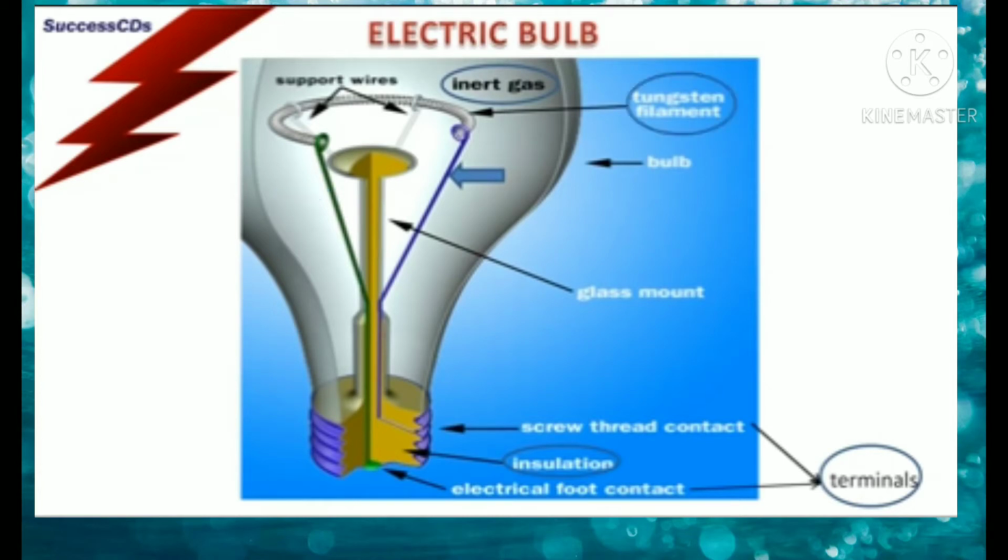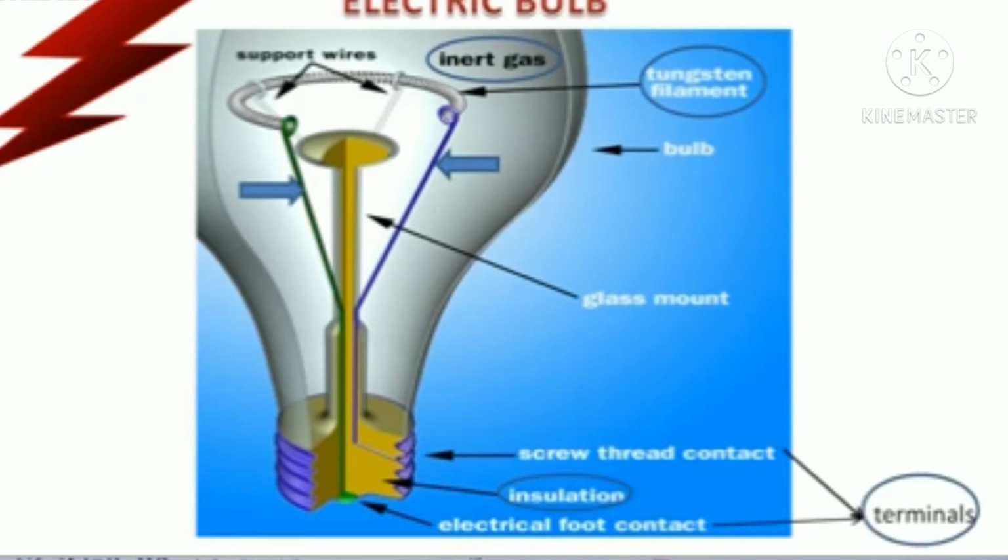The one thick wire is connected to the metal tip at the center of the base. The other thick wire is connected to the metal case at the base of the bulb. The base of the bulb and the metal tip of the base are the two terminals of the bulb. These two terminals are fixed in such a way that they do not touch each other.